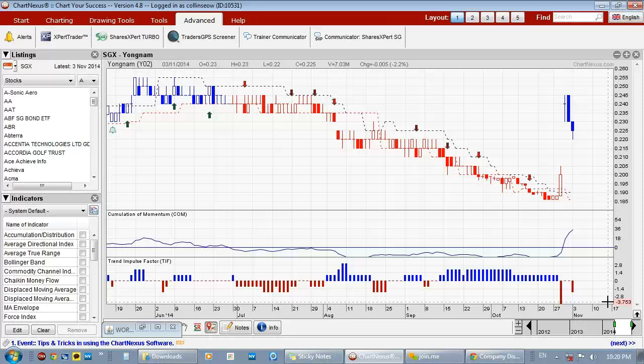I think this stock has something in play after this move. I think the downtrend is finished. There's no more downtrend. I won't use the system trader GPS to actually trade this stock.